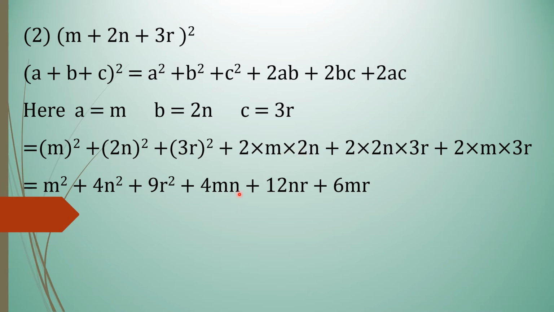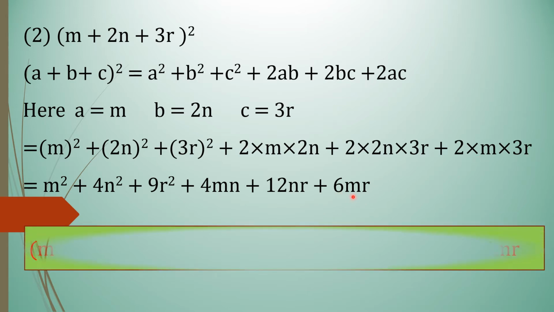So you'll get 4mn plus 2 into 2n into 3r. So let's multiply 2 into 2, 4. 4 3s are 12. So you'll get 12nr, then plus 2 into m into 3r. You'll multiply, so you'll get 2 3s are 6. So you'll write down 6 and m into r, mr.